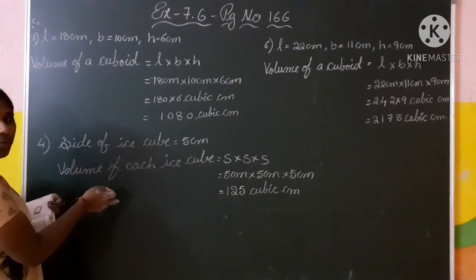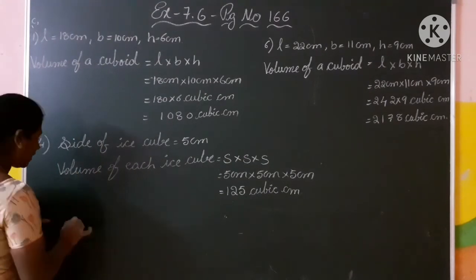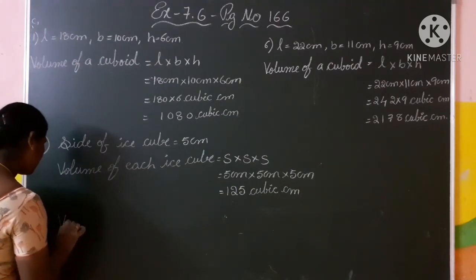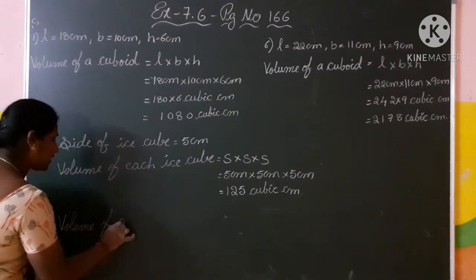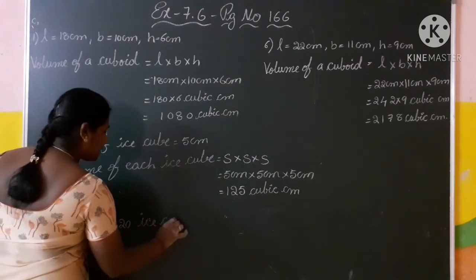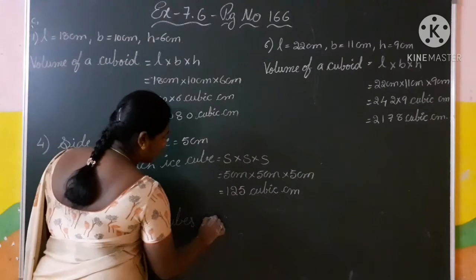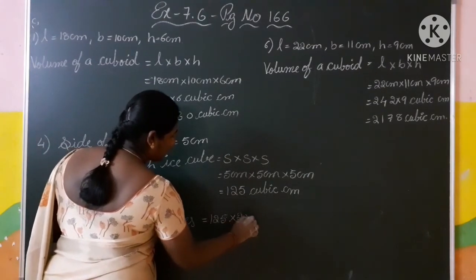So total how many ice cubes? Total 20 ice cubes. So we have to find the volume of 20 ice cubes. Volume of 20 ice cubes is equal to, we have to multiply with 20. 125 into 20 cubic centimeter.